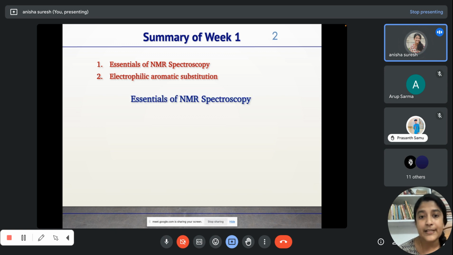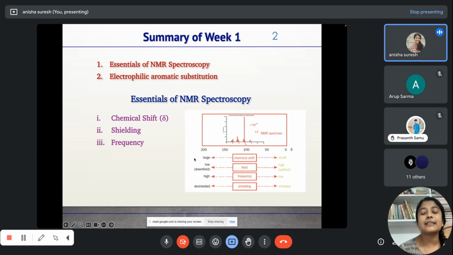In essentials of NMR spectroscopy, sir has discussed the chemical shift, shielding, frequency, etc. As given in this figure, the x-axis represents the chemical shift, which is represented in delta, and the right hand side denotes small chemical shifts, and the left hand side denotes larger chemical shifts.